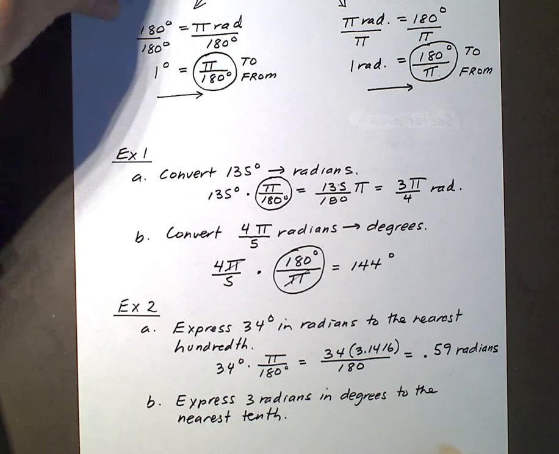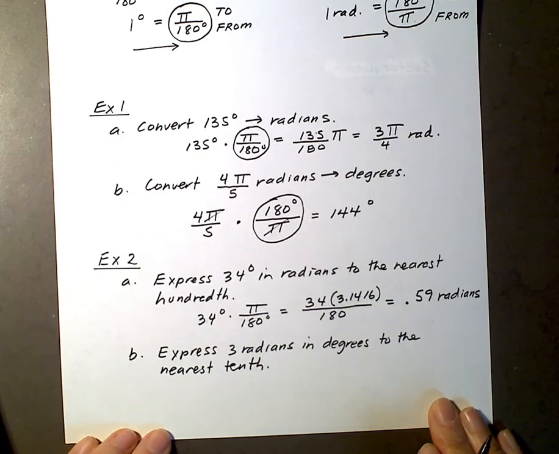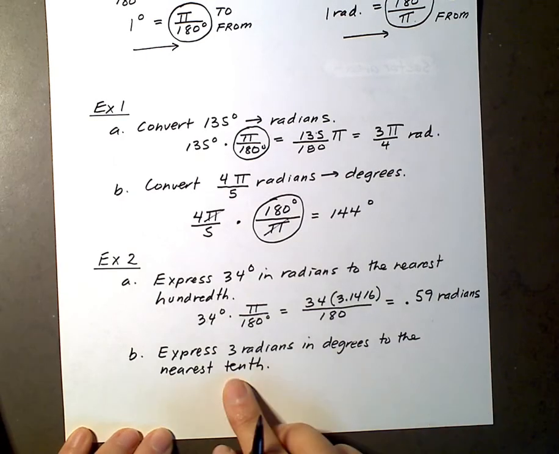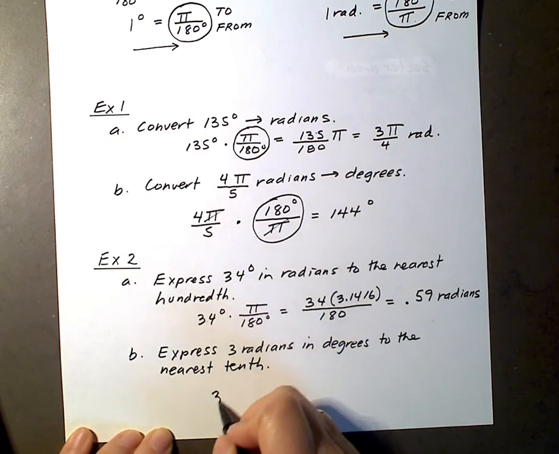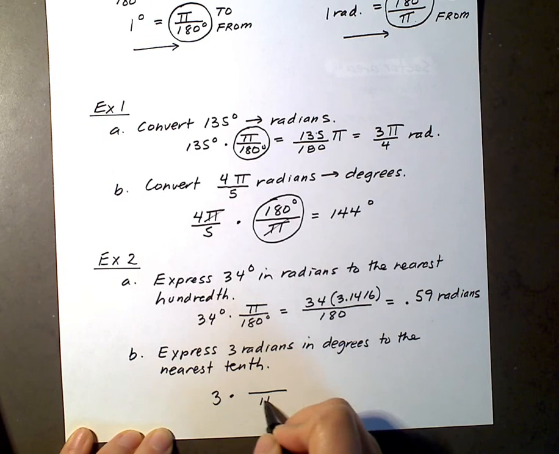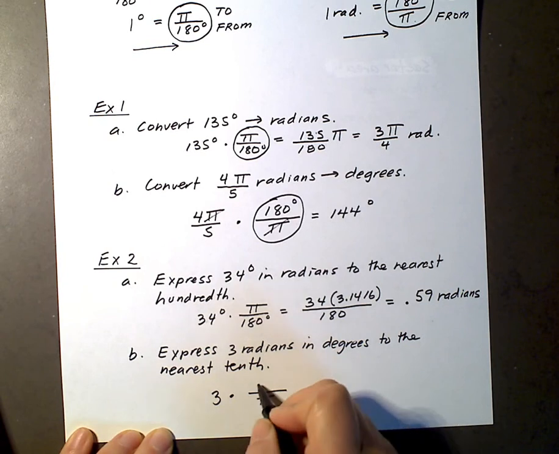Okay, and then in part B, I've got to go the other direction: express 3 radians in degrees to the nearest hundredth. So I'm going to start with 3 radians times, and the radians will go in the denominator and the degrees in the numerator.